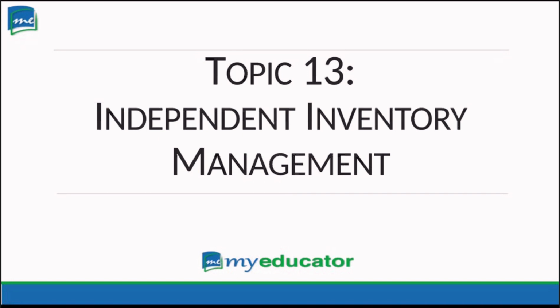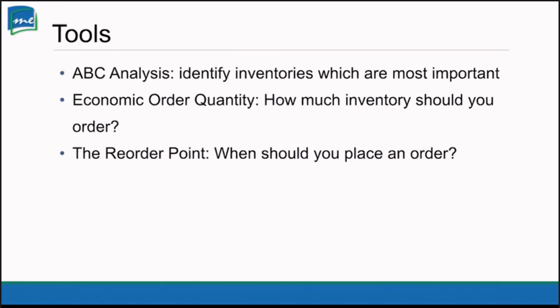We continue learning independent inventory management, and in this video we start to discuss the how dimension of independent inventory management. In terms of the how dimension, we will discuss 3 tools and 3 metrics.